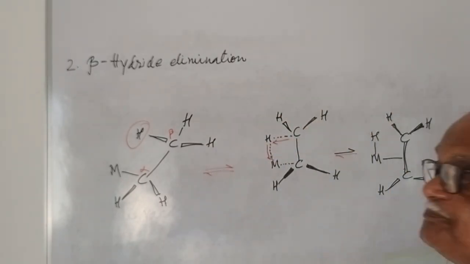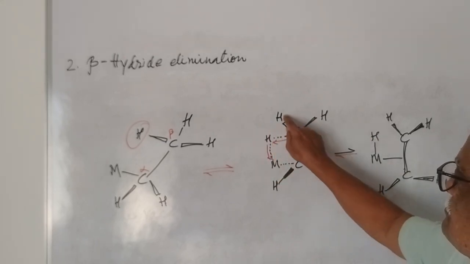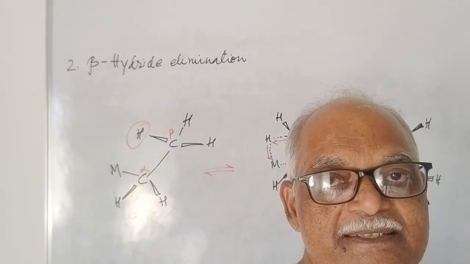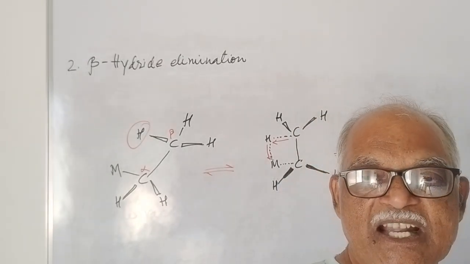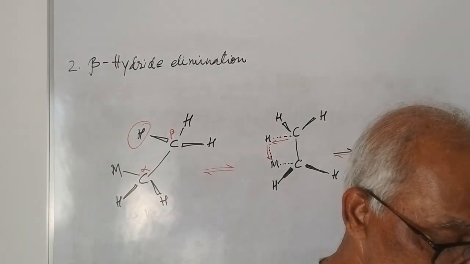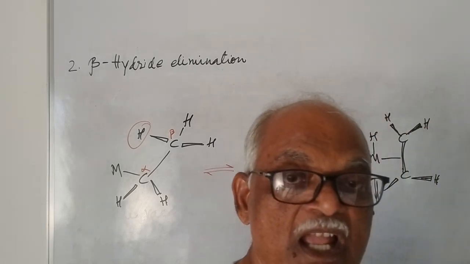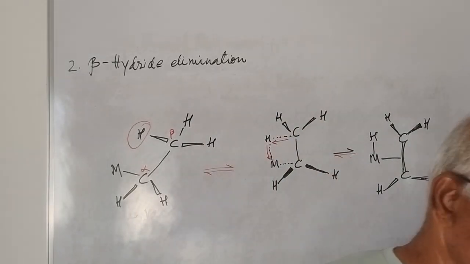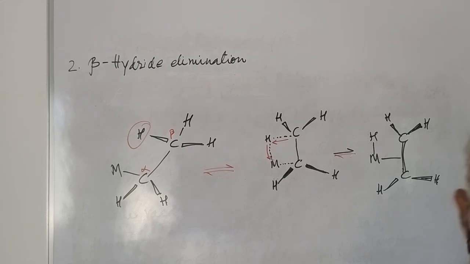Now if we see the stability of the beta hydrogen, means under which conditions the beta hydrogens are not capable of undergoing the beta hydrogen elimination reaction. These reactions are not possible when the alkyl groups do not have beta hydrogen.